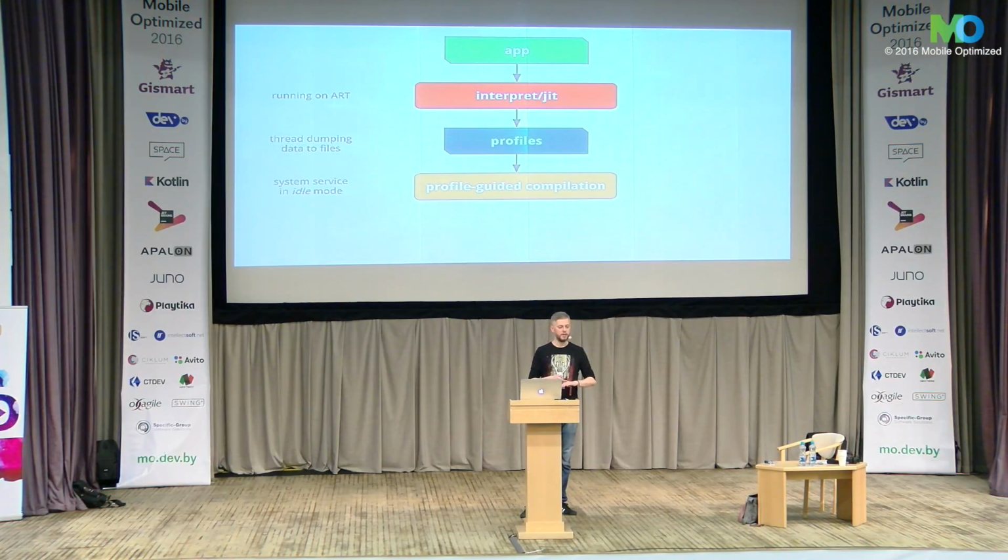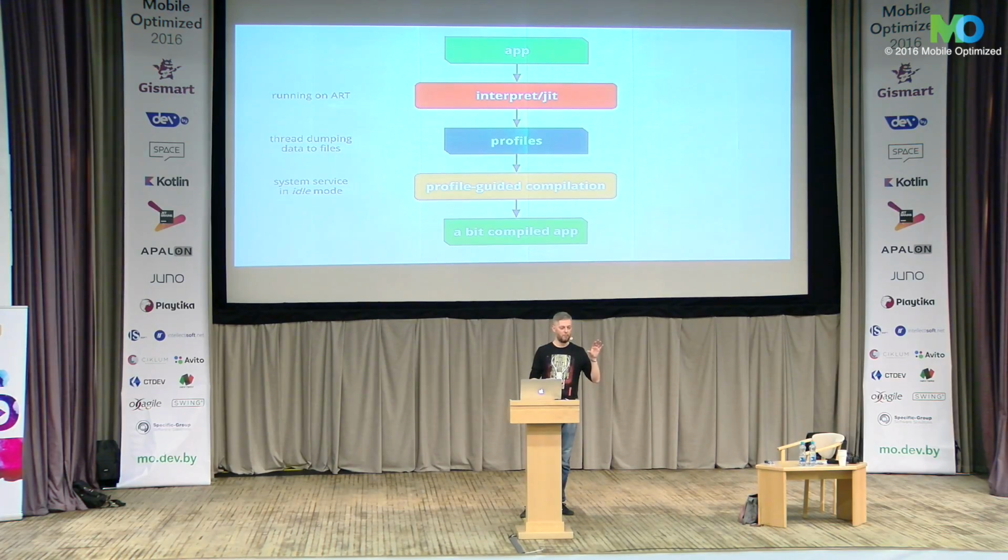And then there is a separate service, which is a system-wide service, and this service runs when the phone is in idle mode, whatever that means. The service is going through all those profile files and is compiling those parts of your application. So if we have this Facebook application, which has tons of activities and whatnot, this service will go and take the main activity and all parts that are needed for it and compile that into native code.